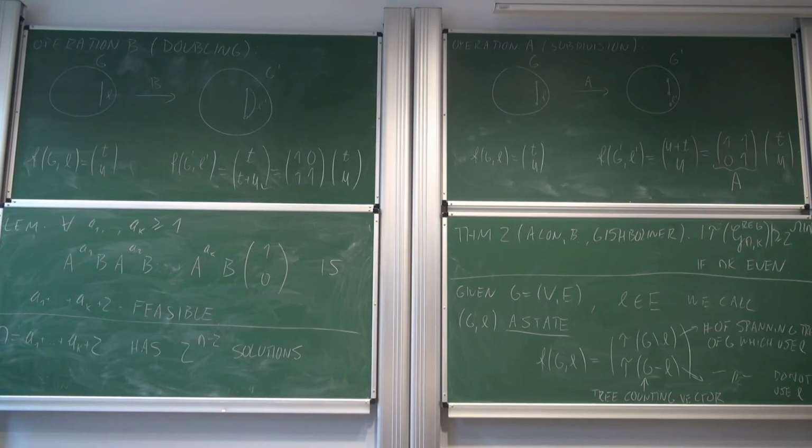Okay, and then again, could you repeat this argument? Why do we have 2 to the n minus 2 solutions? K is also a variable, right? So you get to choose how many B operations you do in total. You can do 1, you can do 0, up to I guess n minus 2 or something like that. Makes sense.